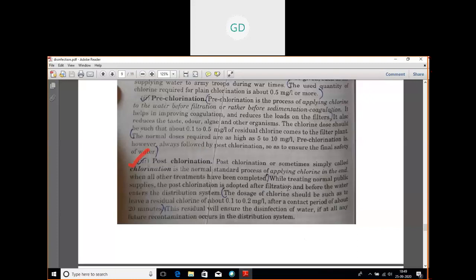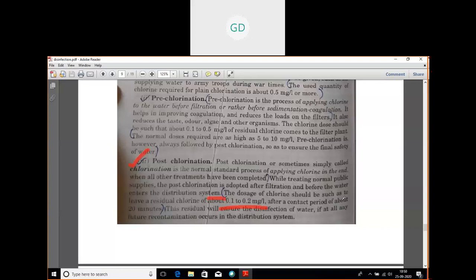While treating normal public supplies, post-chlorination is done after filtration and before the water enters the distribution system. The dosage of chlorine is 0.1 to 0.2 milligram per liter.